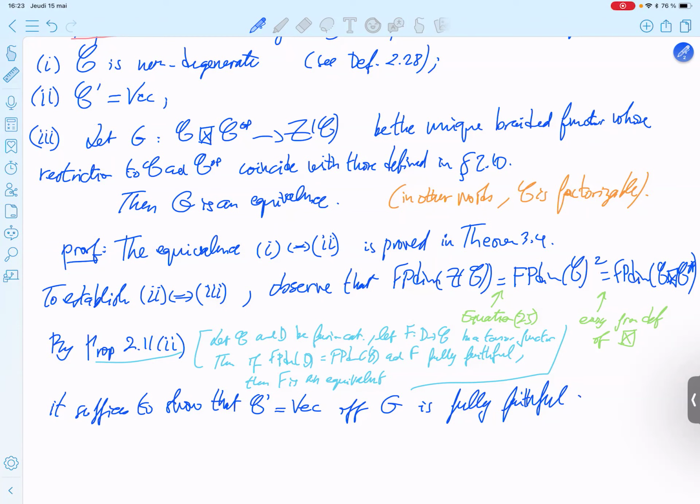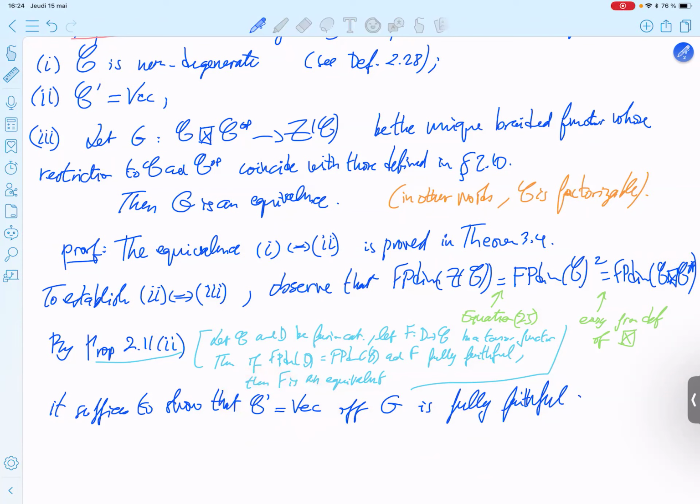Wait. No, wait a minute. You have to be careful because here you have C and C op. So this is equivalent to C intersection C op equal to Vec. Sorry. And then we will deduce from the definition of C and C op and the way they are embedded into the Drinfeld center that this is equivalent to that. Okay, so sorry for this confusion.